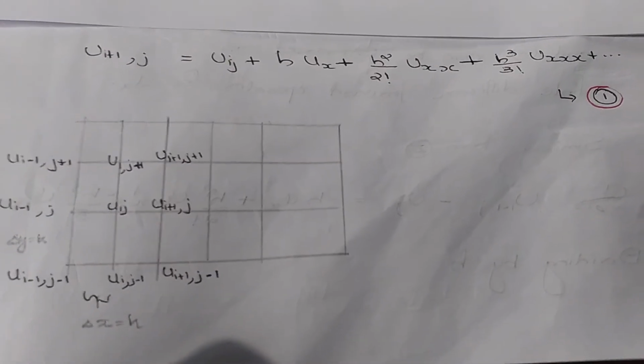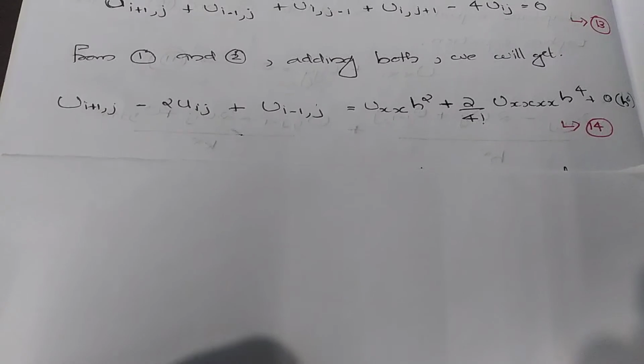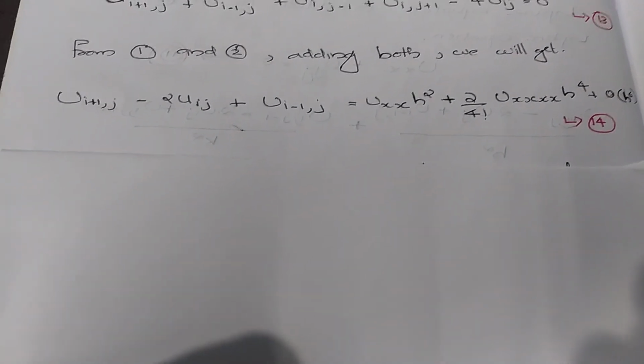This is equation number 1 and this is equation number 2. From equation number 1 and 2, we get equation number 14, which consists of error terms also. Similarly, we consider the i and j terms also.